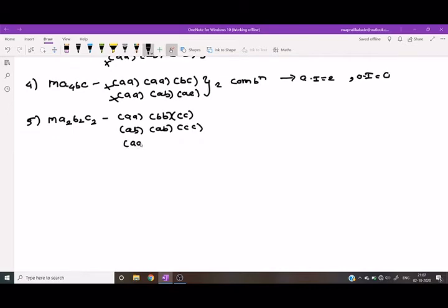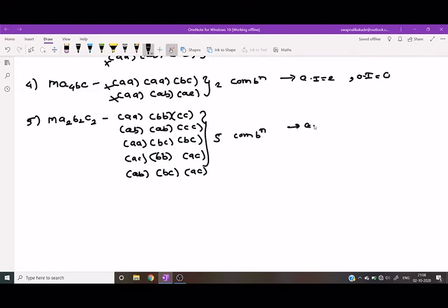Take A constant, cross these two, BC. Then take BB constant, cross first and third, AC. Then multiply this: AB, BC, AC. Only these 5 combinations are possible.